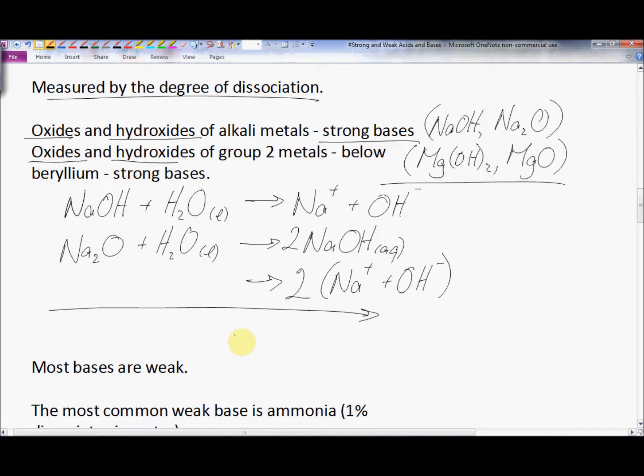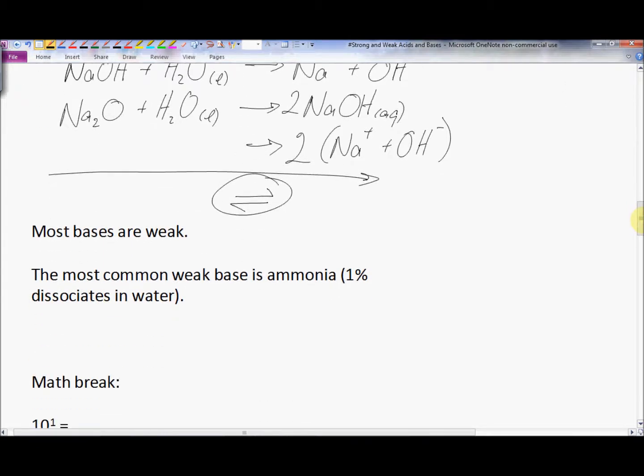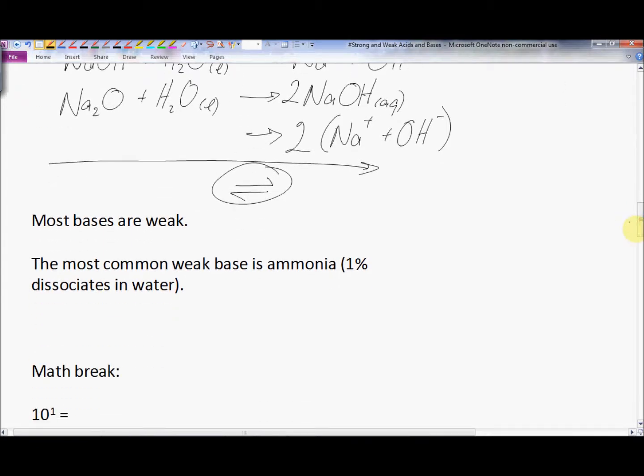If it didn't, then we would use this symbol in the equation just to show that it's an equilibrium type of situation. We're getting some forward reaction happening, but we're also getting some backward reaction happening, and the molecule in question isn't dissociating fully. Okay, most bases are weak.